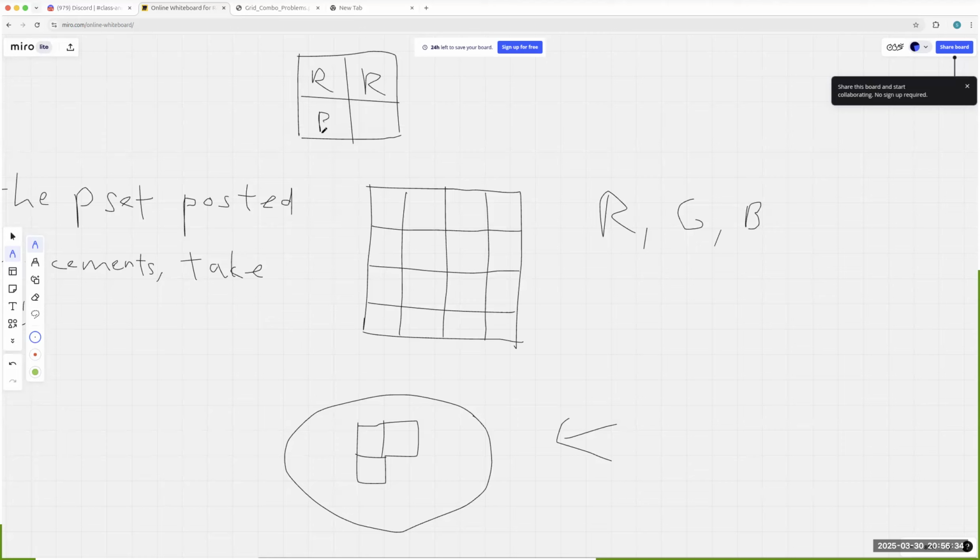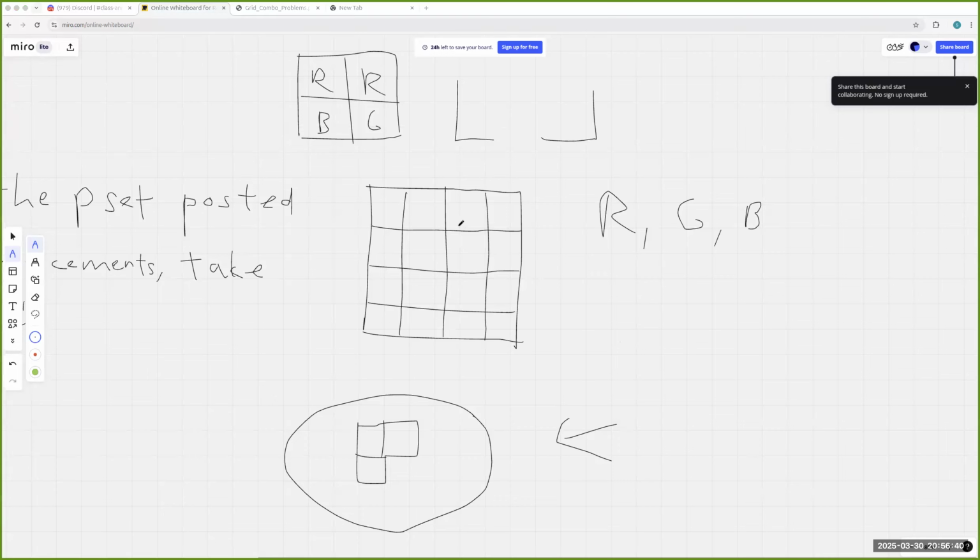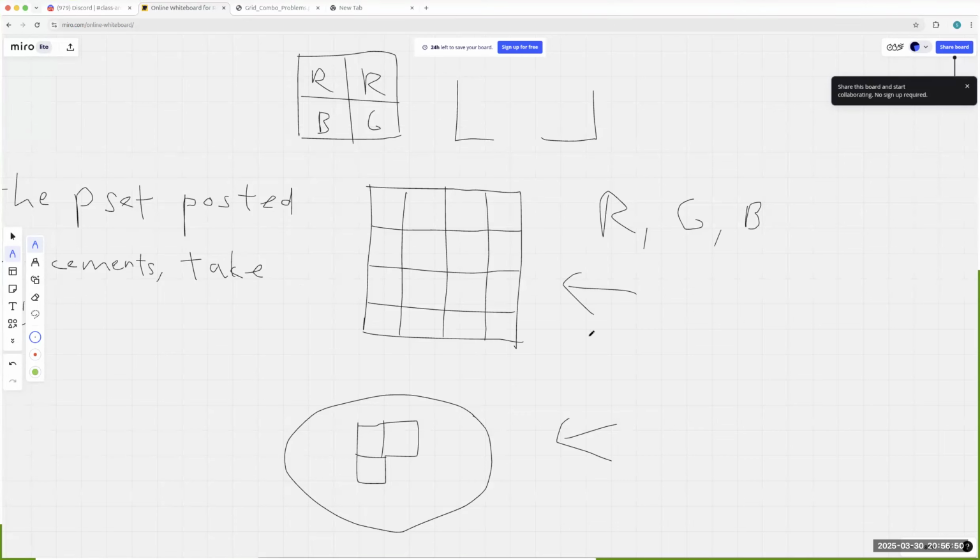And in this case, you have this one and this one that work. So basically, what we've established is that in each of the 9 2 by 2 subgrids of this 4 by 4 grid, we can have at most two L tiles.